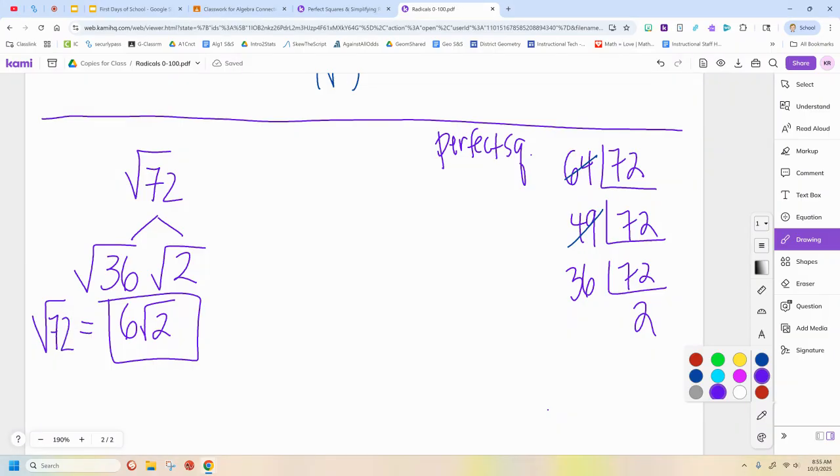Now, there will be a distractor answer, and I'll show you what that is. A lot of kids remember their 9 facts, so I might remember that 72 is 9 times 8, right?